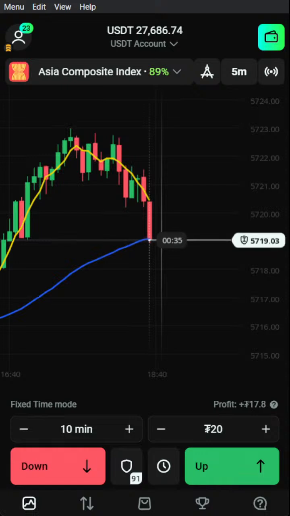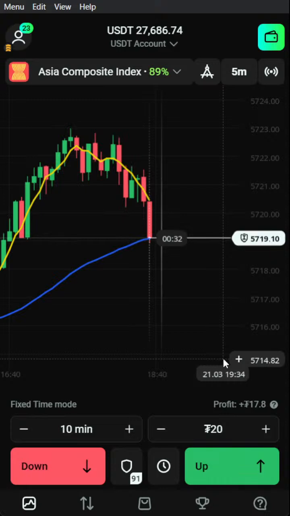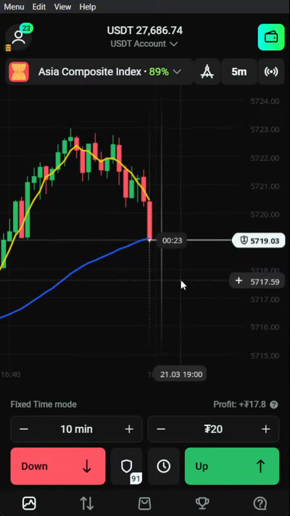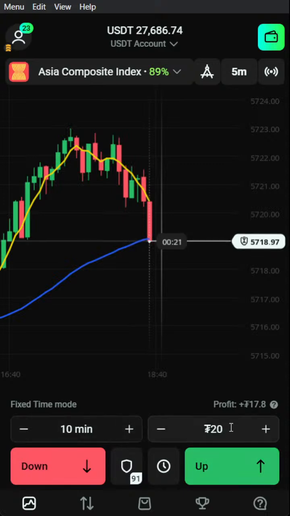All right, so I'm waiting for Asia as the candle is about to end. Let's see what happens as soon as this candle ends. If it crosses, we will make this trade. Okay, so yes, I'm making a $20 trade.